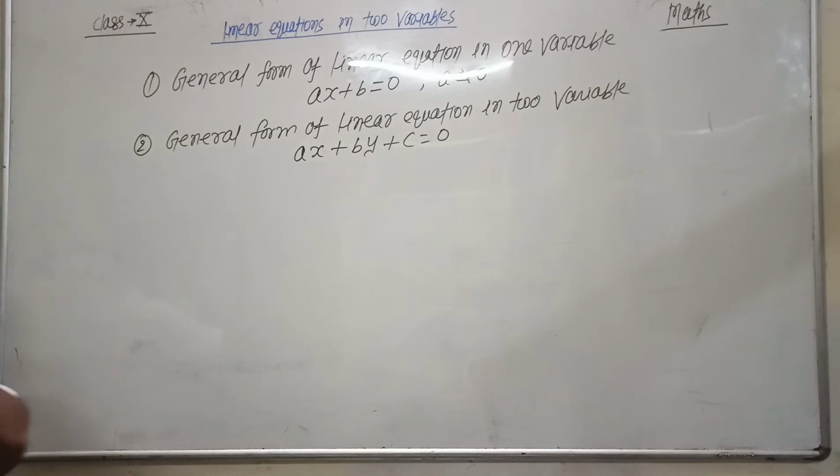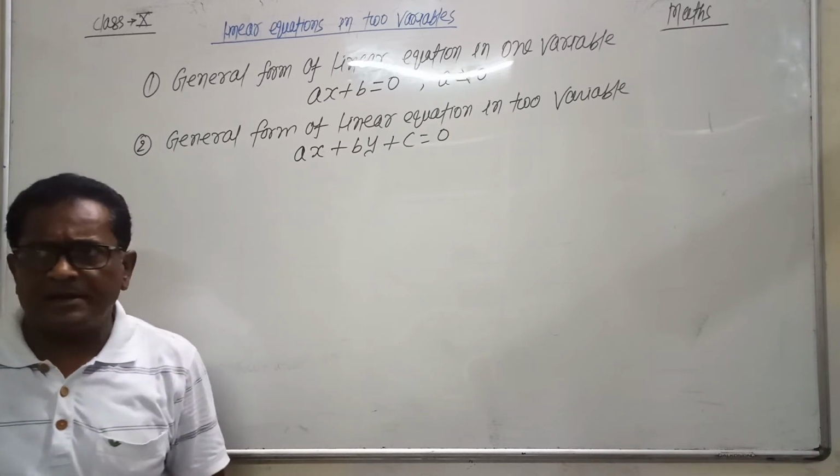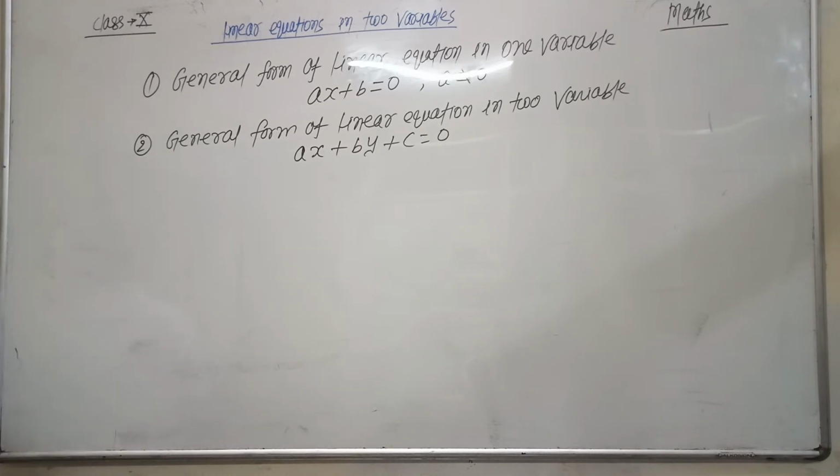This is in two variables, in terms of variables x and y. So we have to study in class 10 the general linear equations in two variables. There are two variables x and y.